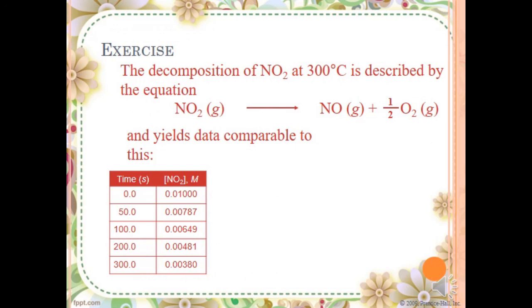Now to understand all these, first order, zero order, second order, try this exercise. The decomposition of nitrogen dioxide at 300 degrees Celsius is described by this equation, and these are the data based on this reaction. You have to determine whether this decomposition is zero order, first order, or second order.